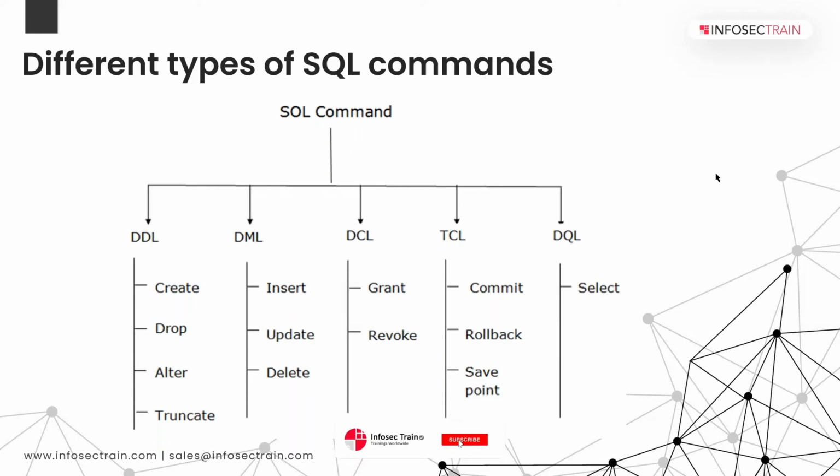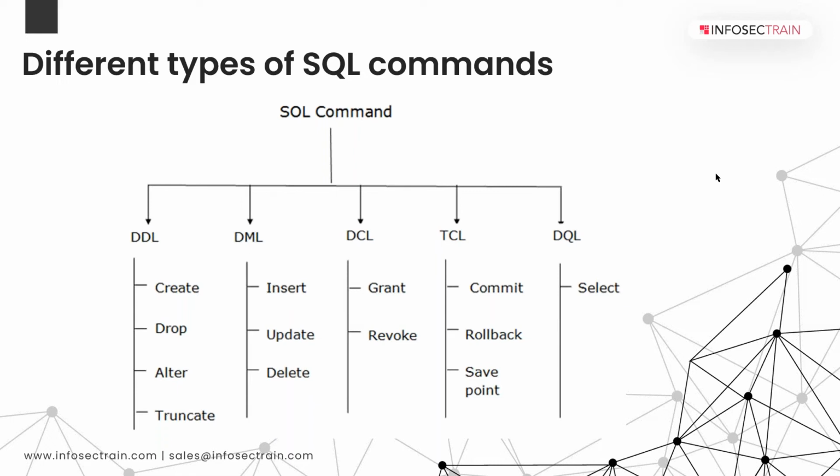Now here you can see that there are different types of basic SQL commands. We know that SQL commands can be categorized into 5 categories based on their functionality. The first one is the DDL. DDL stands for data definition language.